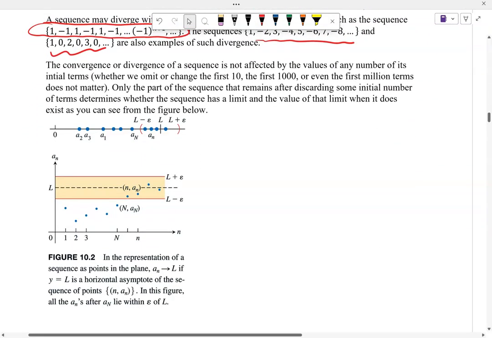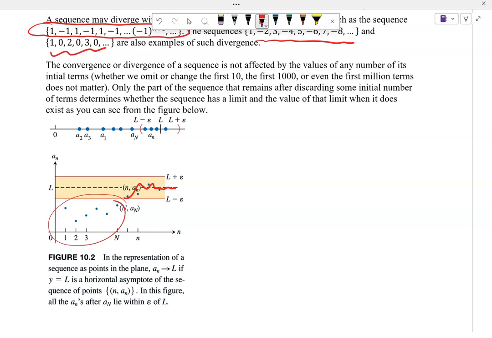So if you disregard the initial set of values, the convergence or divergence of a sequence is not affected by the initial values. However many of those initial values you want that to be, like maybe it's only 5 or 6, but eventually this thing is bounded, right? It gets closer and closer and closer to that L. So for a convergent sequence or divergence, it's not affected by the initial number of terms.